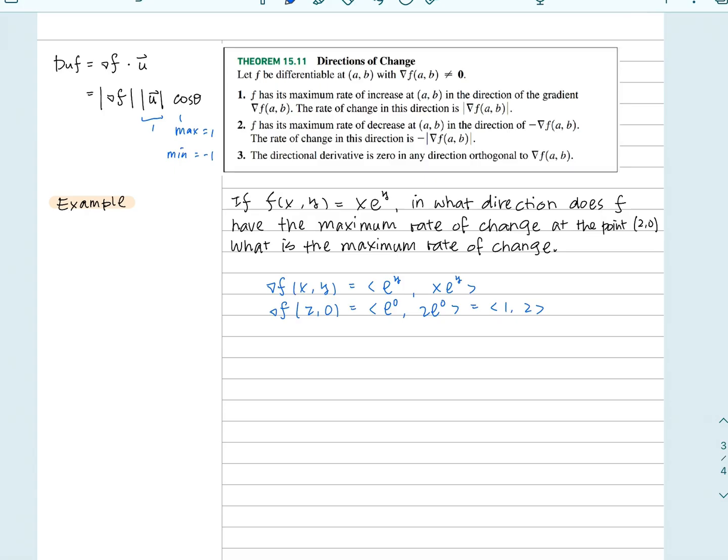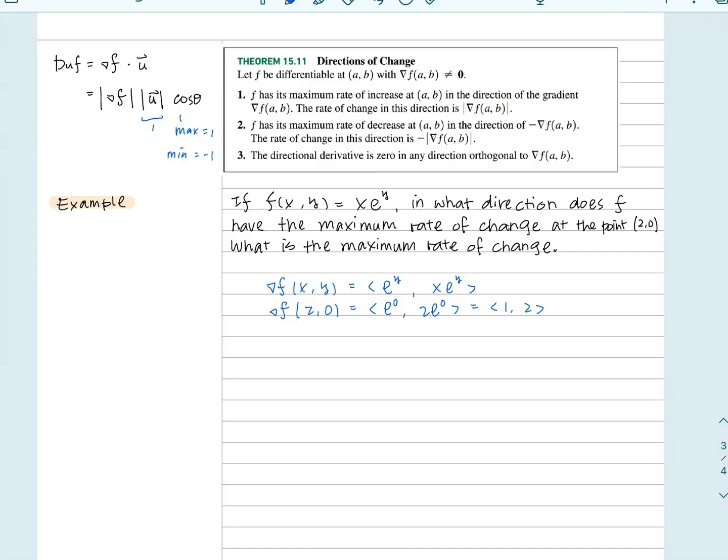So then the directional derivative has maximum value when we're changing direction in the direction of the vector 1, 2, right?